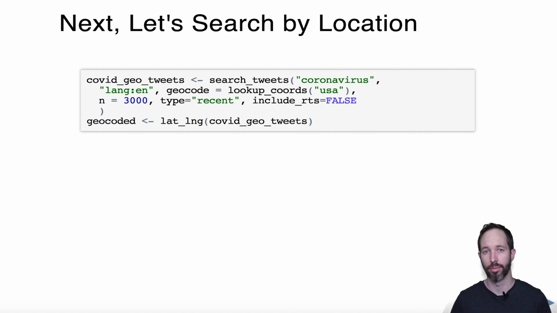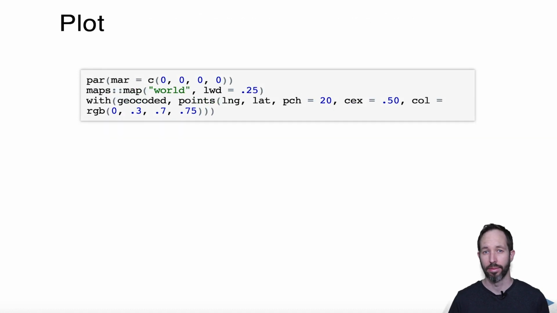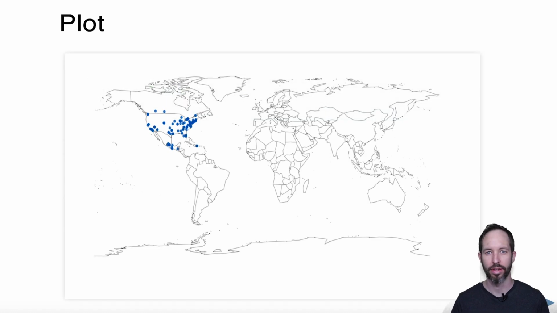By default, it will return a mix of the two. So if you want only recent tweets, specify recent like I did here. Next, if we pass that to the maps package in R, which has some kind of unusual syntax here, we can produce a plot that looks something like this and try to get a sense of where people are talking about coronavirus.